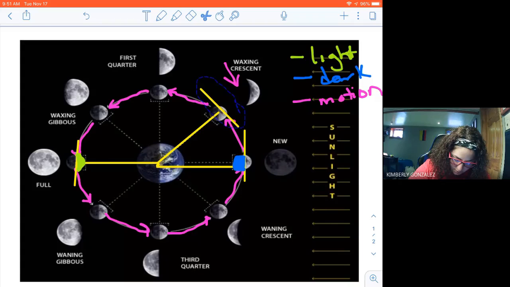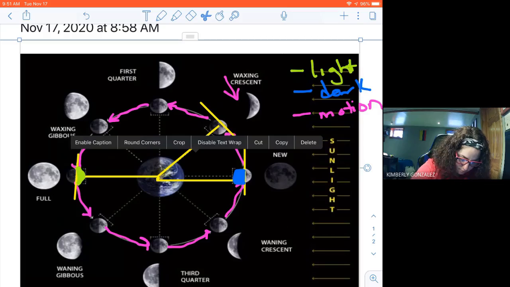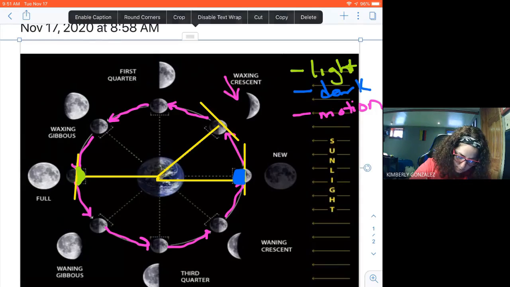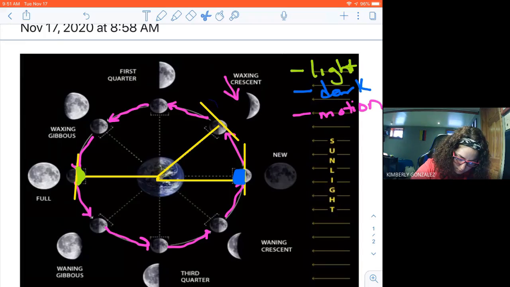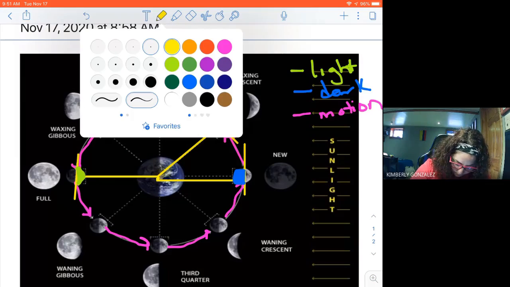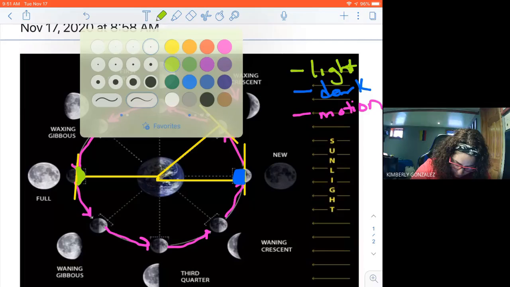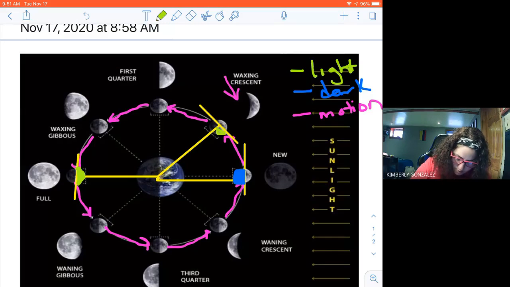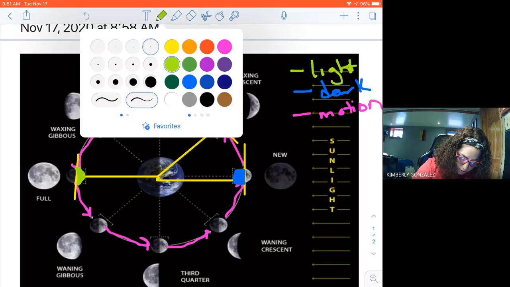So you can notice, okay. So if you notice, as you're going from the new moon to the full moon, little by little, more of the moon is going to be in the light.